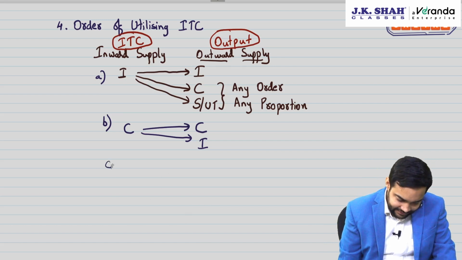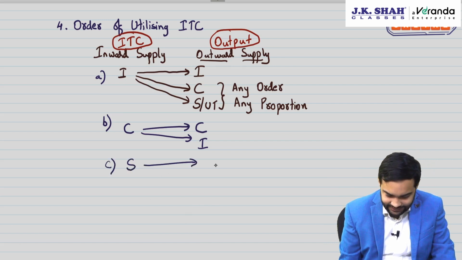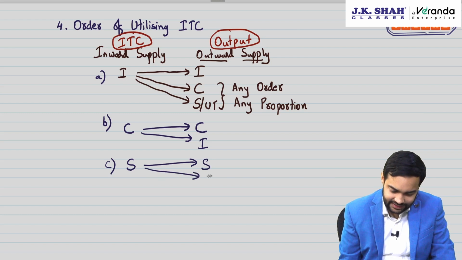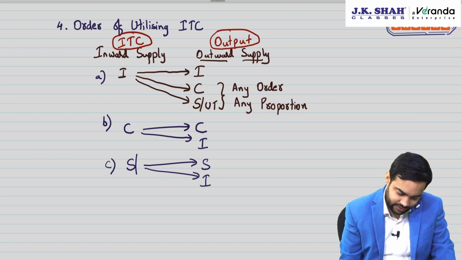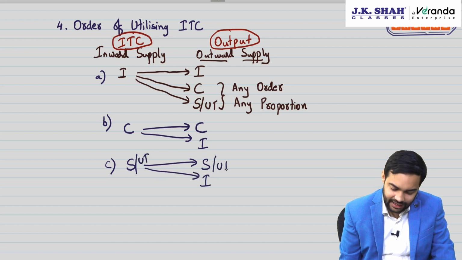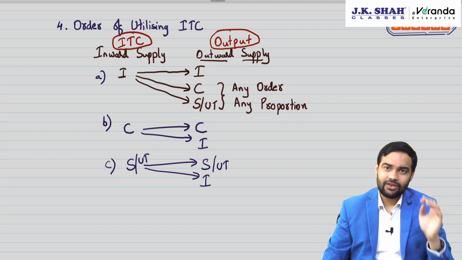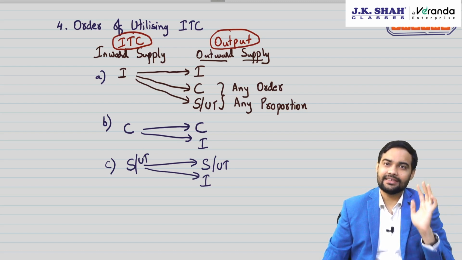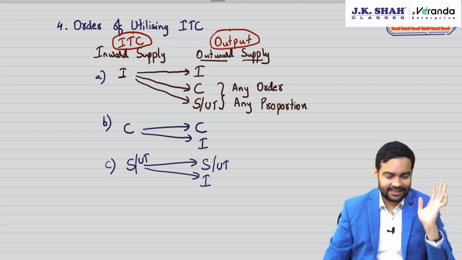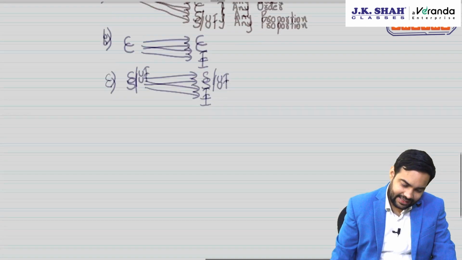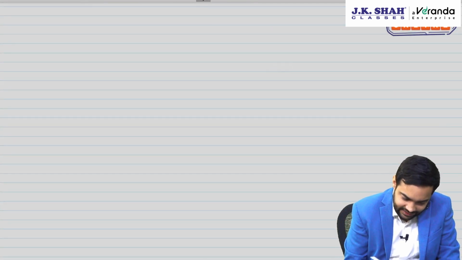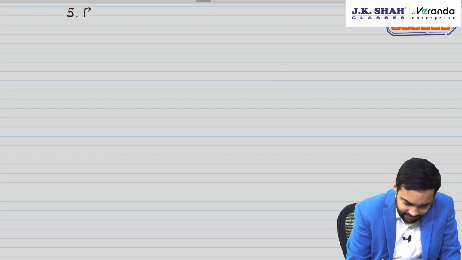Then the law says SGST will be used against SGST, and then S or UT can be used against IGST. Following this order is mandatory because the law requires us to completely go by this order whenever we are utilizing input tax credit.